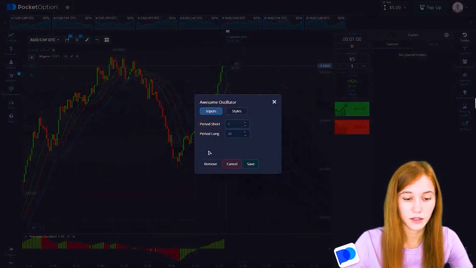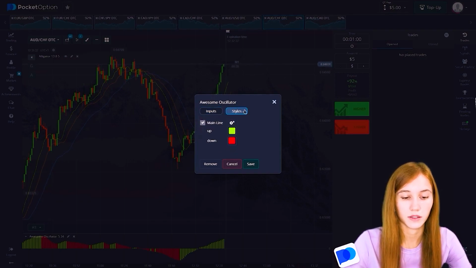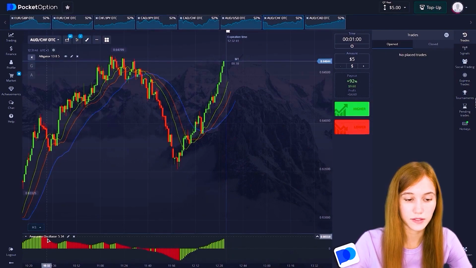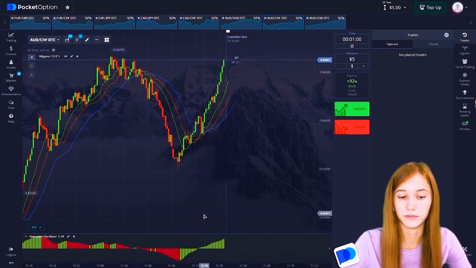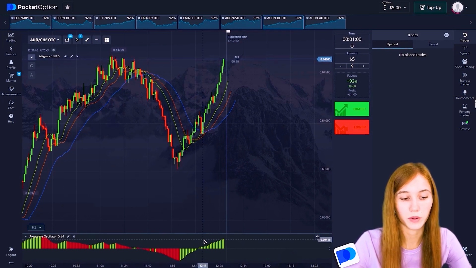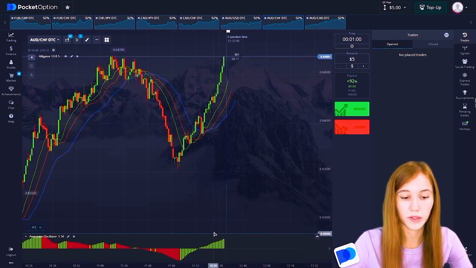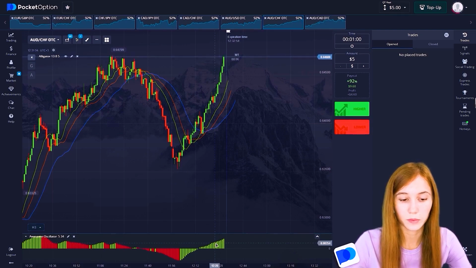And the second indicator, the oscillator, is located at the bottom of the screen. Its settings, I won't show for long. This is an indicator that mirrors the mood of our market. It shows what the market is doing at the moment. Thanks to this indicator, you can determine whether the market is bullish or bearish.